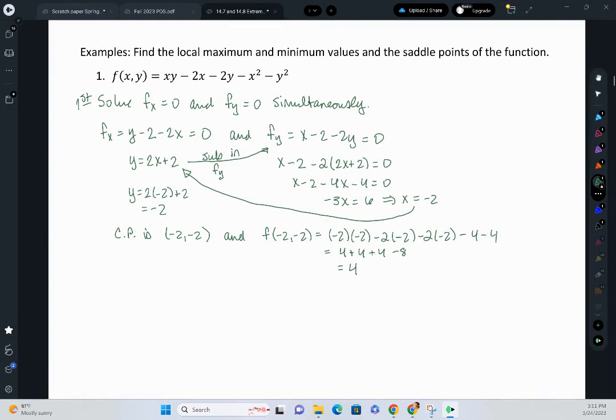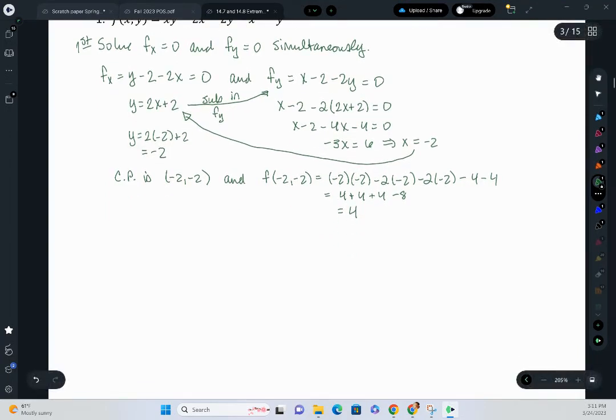Okay, this is my first step. I solved my first partial derivatives set equal to 0 simultaneously. I made it a system of equations, and I used the method of substitution and found a critical point of negative 2, negative 2. My next step is to calculate the second derivative test.